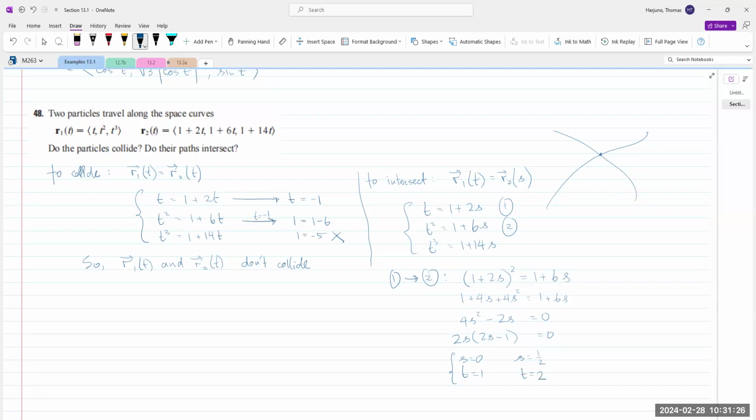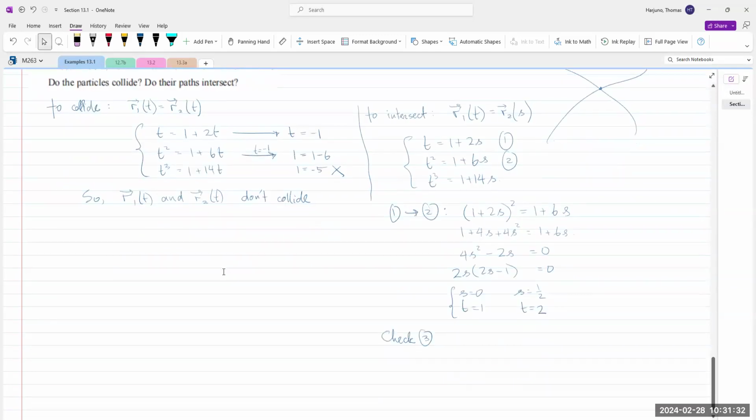Now we try that check on equation number 3. Okay, when using t equals 1 and s equals 0, 1 cubed, is it equal to 1 plus 14 times 0? And you will see 1 equals 1. That's true.